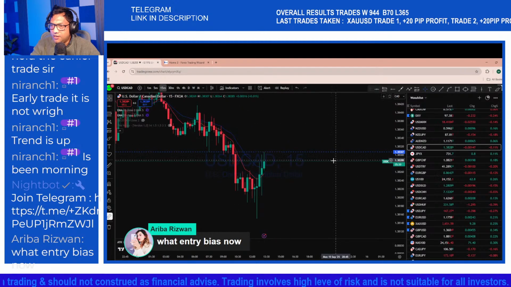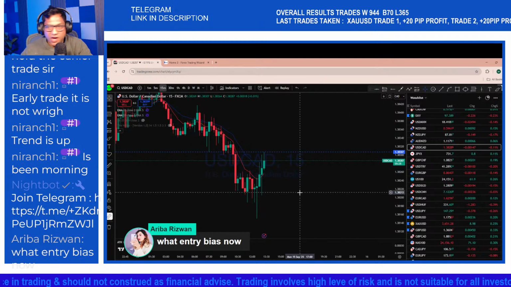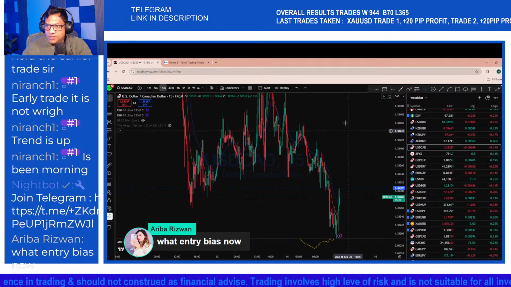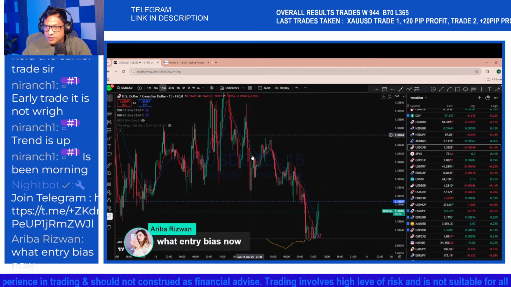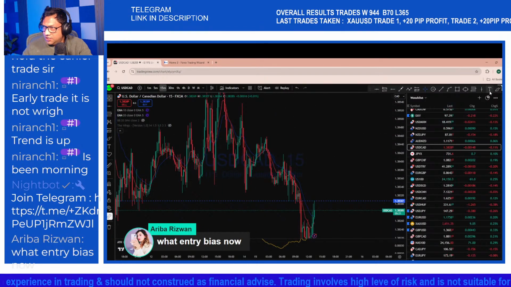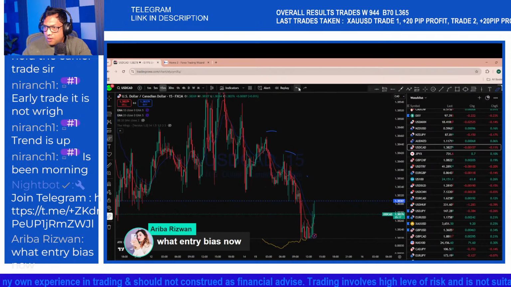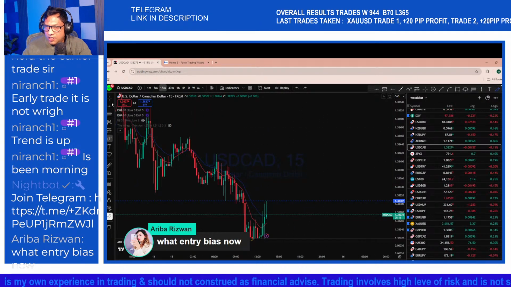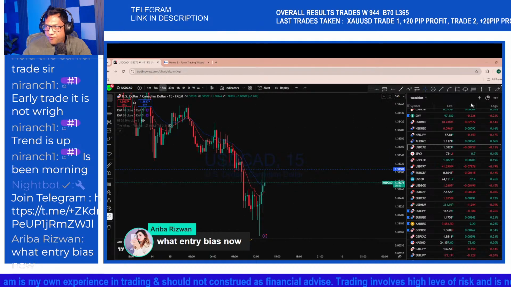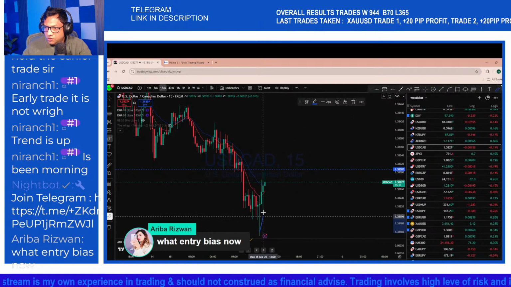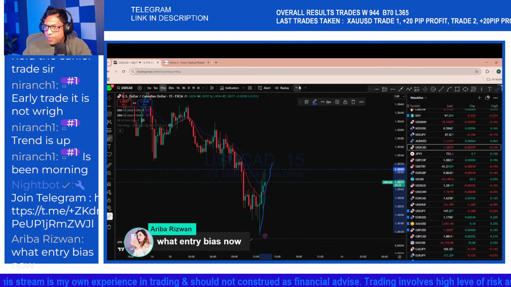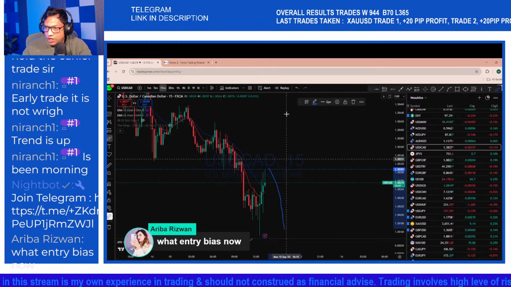If we closely look, we can see this market is in a downtrend. Here is the big drop and pullback. The market is maintaining this series of lower highs and lower lows. Currently, it's pushing back here for another bounce. We might see the market trend again in that direction.